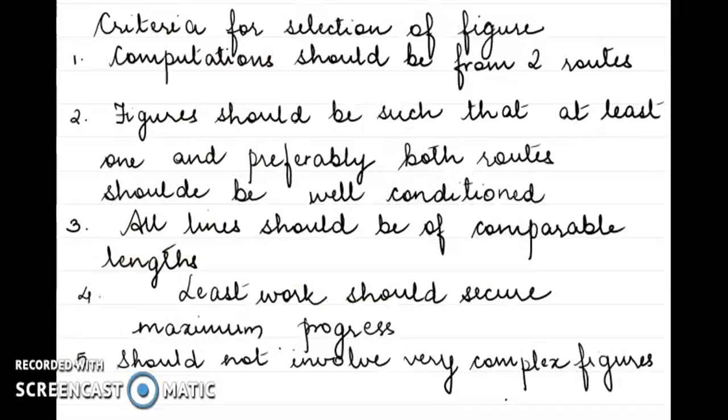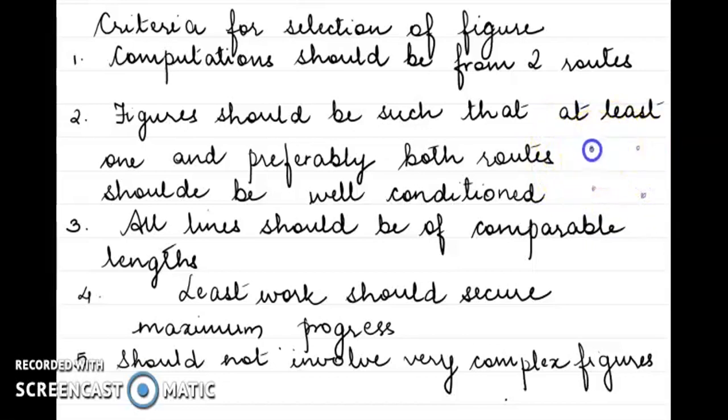The next thing is, how do you decide which type of figure to select? So what is the criteria behind selecting the figures? The figures should be so selected that there should be computation through at least 2 independent routes. So if you are doing any kind of measurements, there should be another set of measurements available to check this. Like in case of quadrilateral, if you set up these 4 points, can you see this, right?